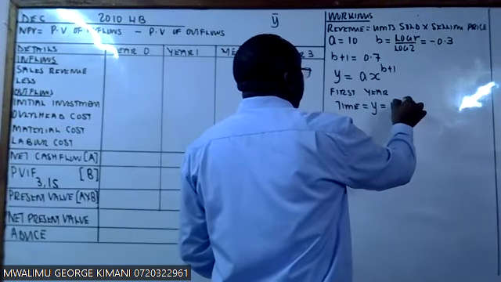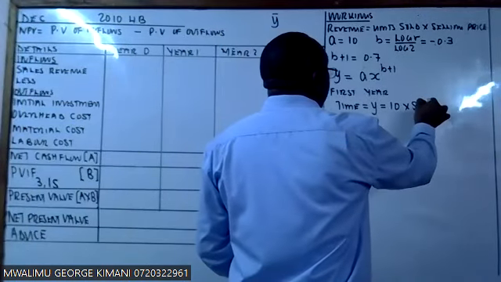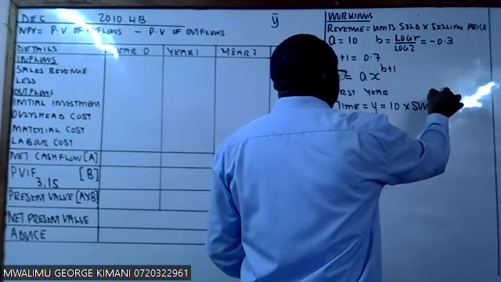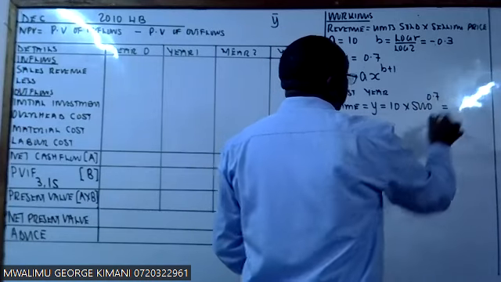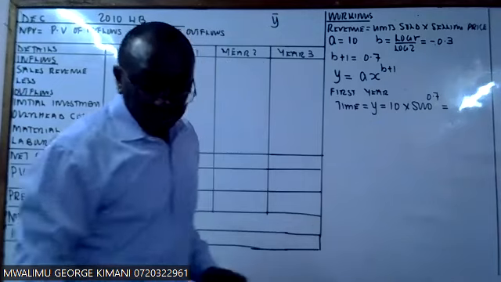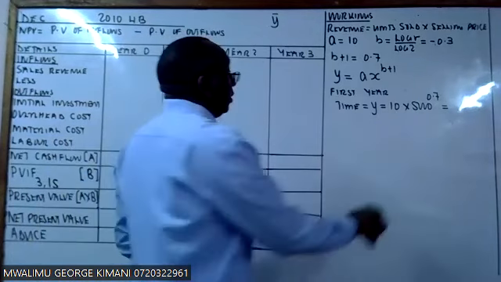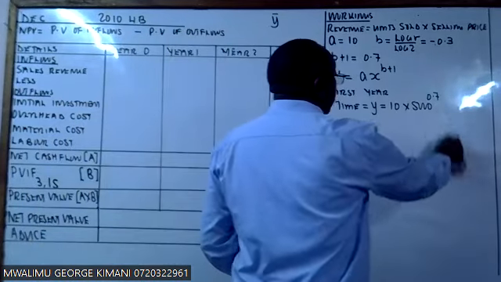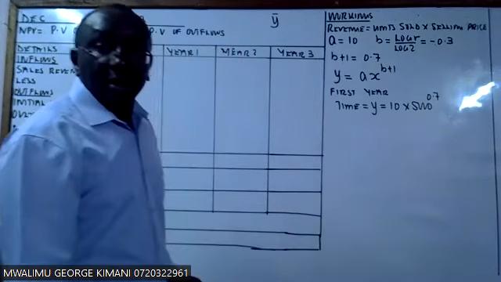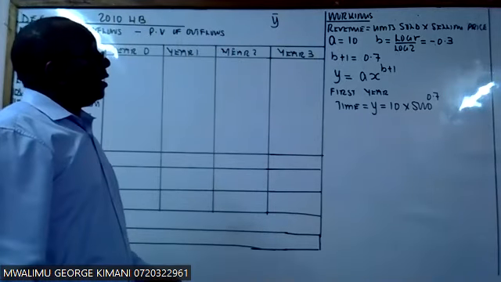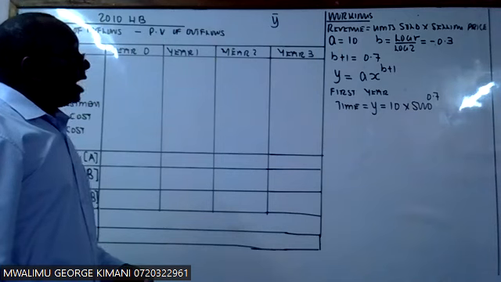So we'll say 10 multiplied by 5,000 raised to power 0.7, so that you tell me what time is that?